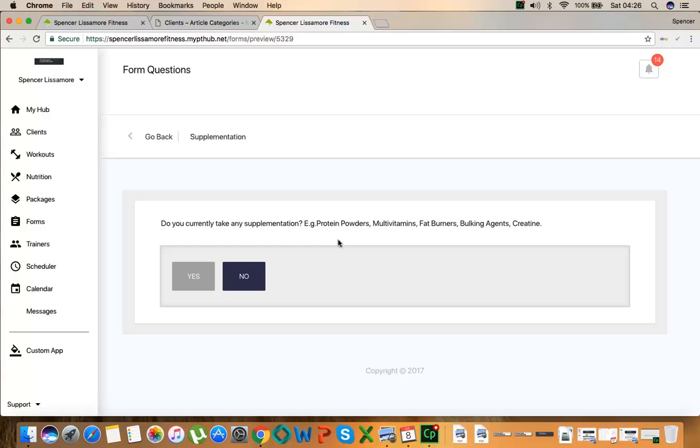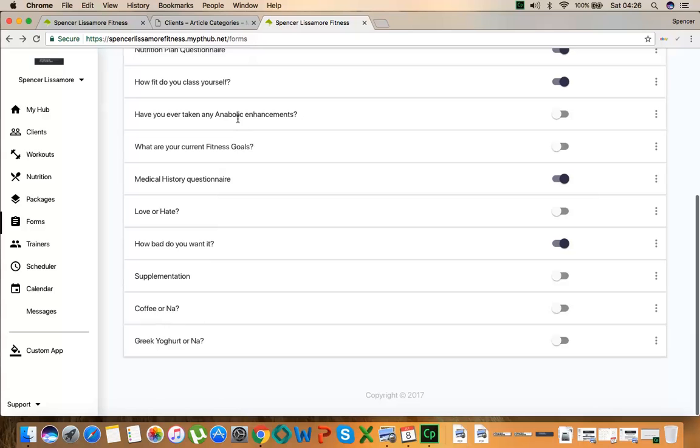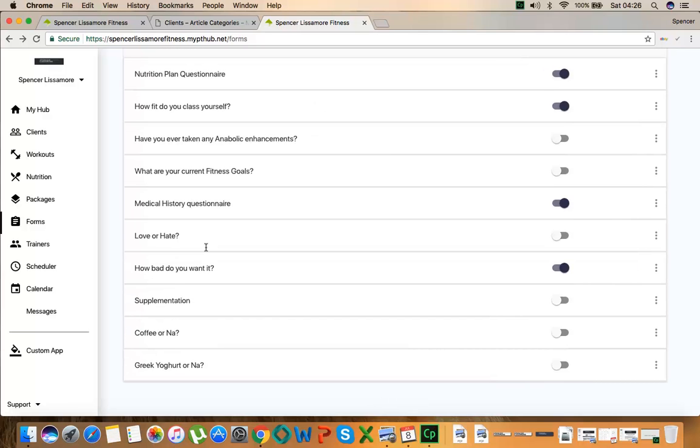And they're like, no. Prevention rather than cure. So I always tell people to get onto that. It's always good to know whether they're taking any current enhancements or current supplementation.